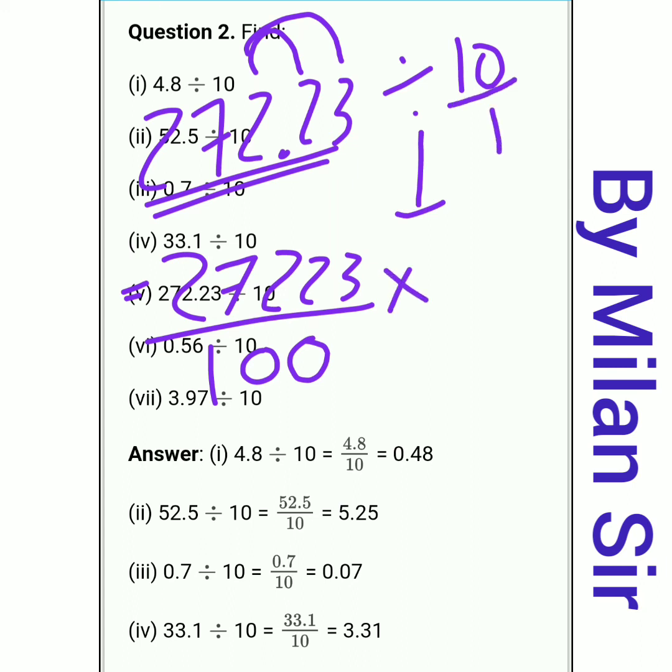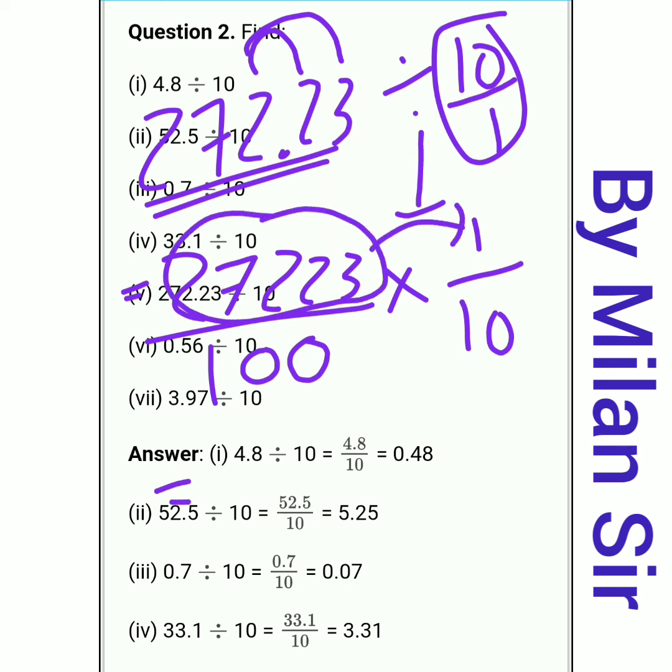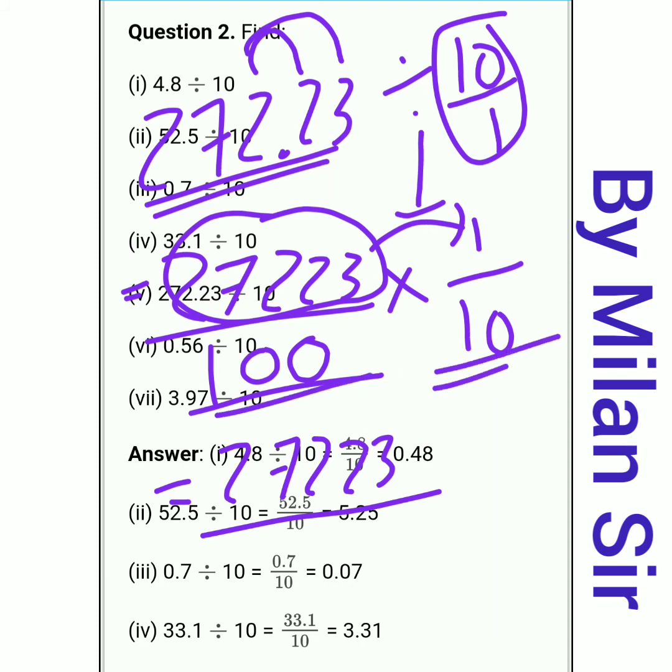Here nothing is there, so we can write 10 by 1, and we take the reciprocal of 10 by 1, it is 1 by 10. Now 27223 multiply 1. In multiplication we multiply numerator versus numerator, so 27223 multiply 1 is the same, 27223, and in the denominator 100 multiply 10 is 1000, right?